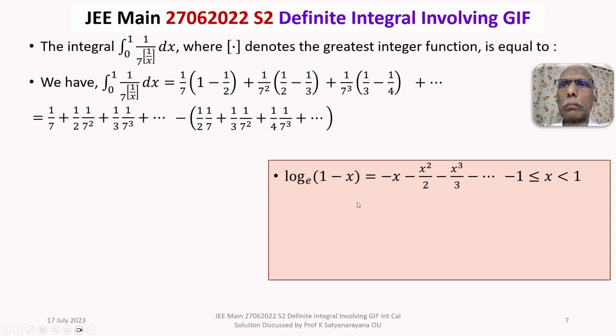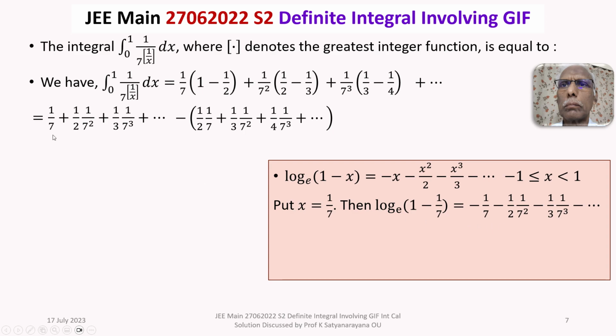And in this, put x is equal to 1 by 7. Then you will get log of 1 minus 1 by 7 to the base e is equal to minus 1 by 7 minus 1 by 2 into 1 by 7 square minus 1 by 3 into 1 by 7 cube minus so on and so forth.